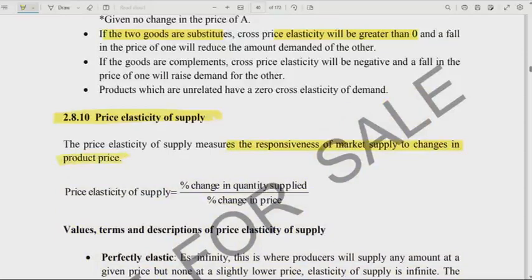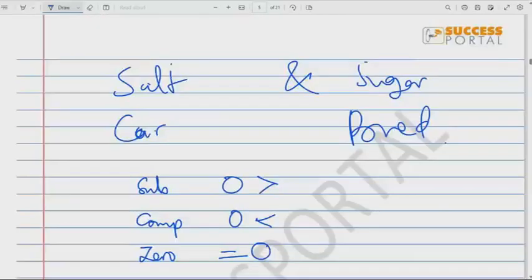So, what is the supply of the good if the price changes? So the formula also follows the same format, like the percentage change in the quantity supplied over the percentage change in price. That's basically the formula there, right?